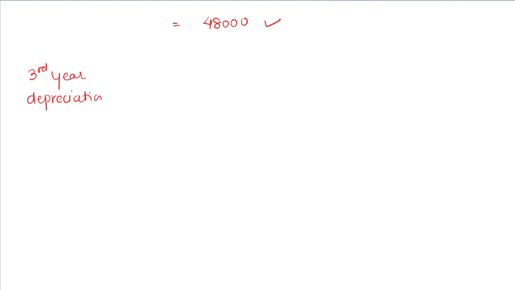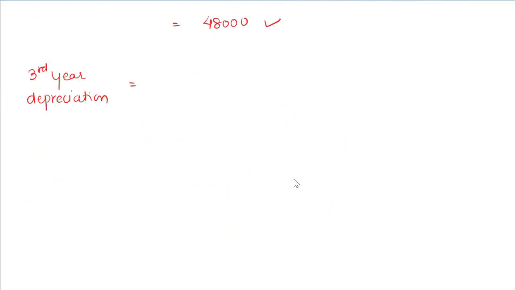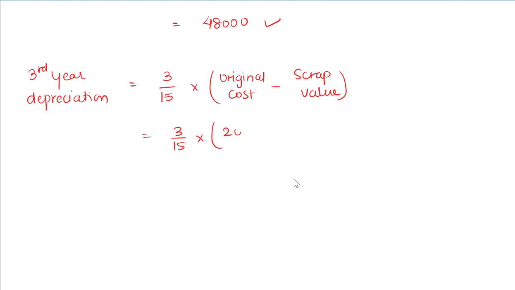Third year depreciation equals 3 by 15 multiplied by original cost minus scrap value. So this would be 3 by 15 multiplied by 2 lakh minus 20,000.